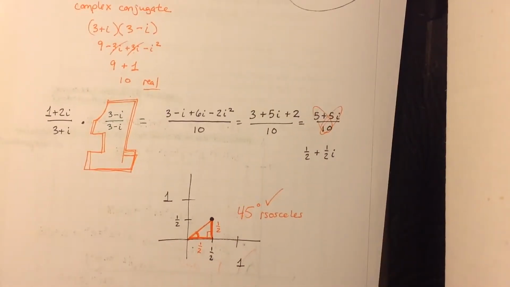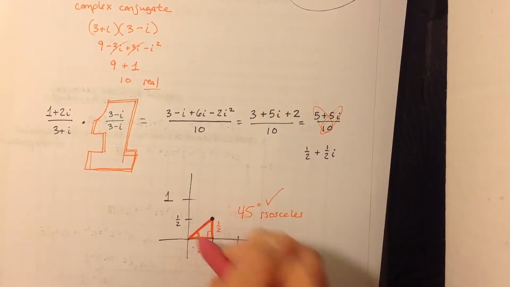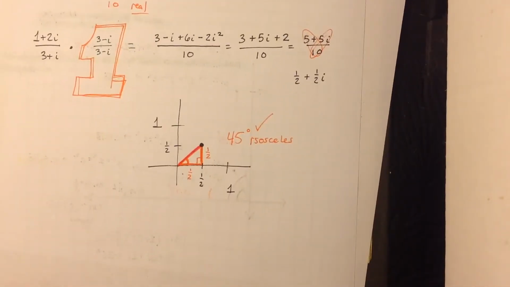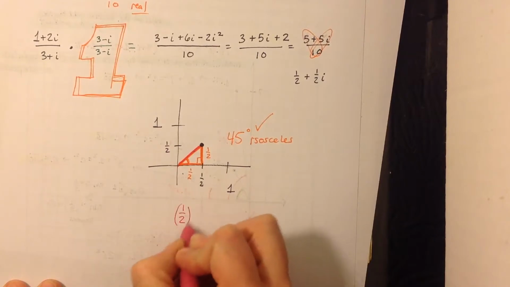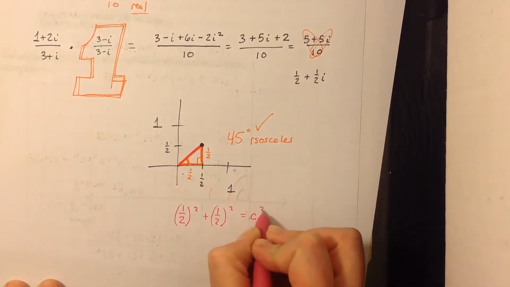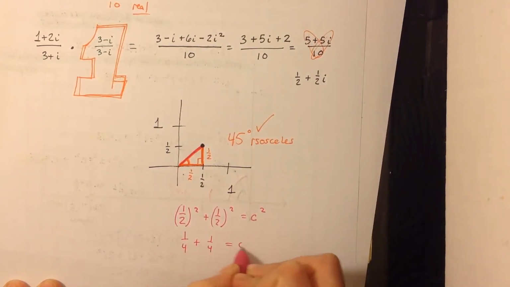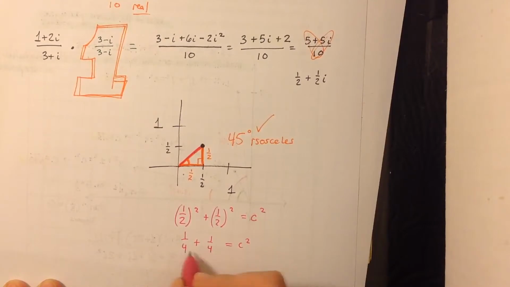The second thing is, what's the modulus? So now I just want to know what's the length of this segment right there. So I'm going to do the Pythagorean theorem again. I would do 1/2 squared plus 1/2 squared is supposed to be my modulus squared. I get 1/4 plus 1/4 is equal to c squared. That's 2/4, or 1/2, is c squared.